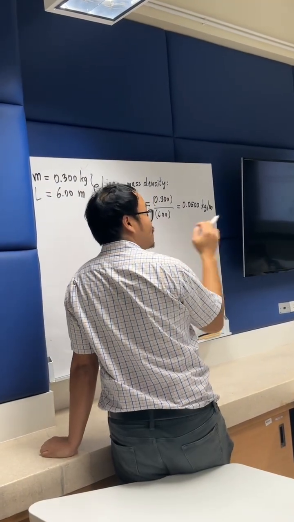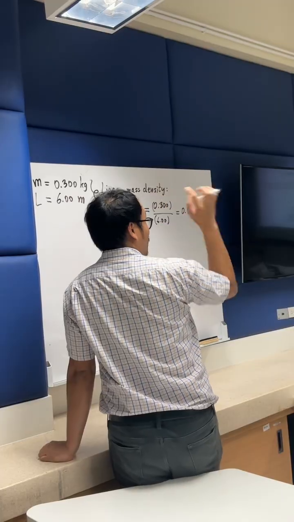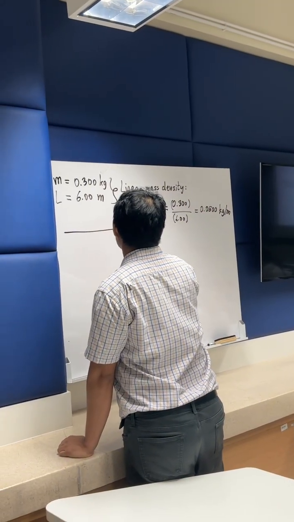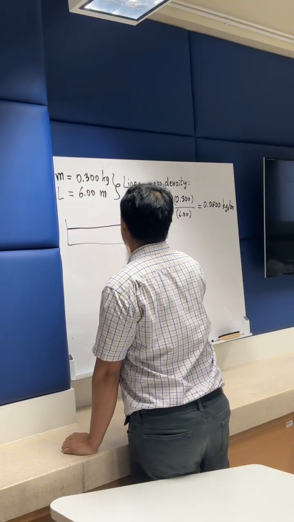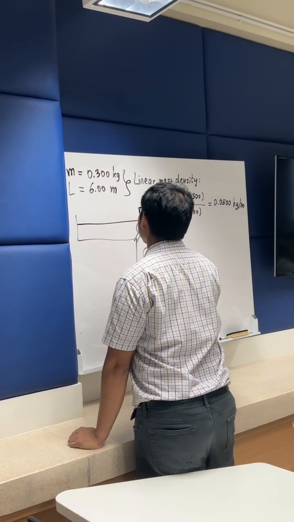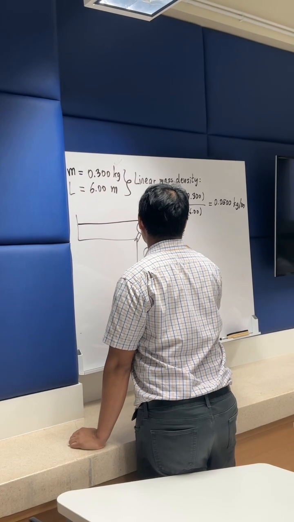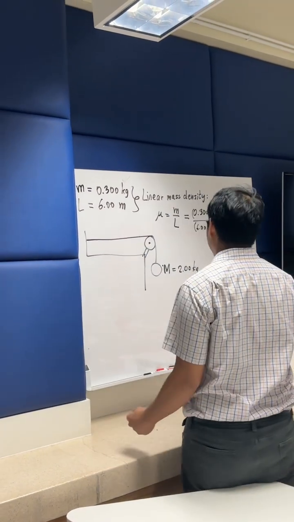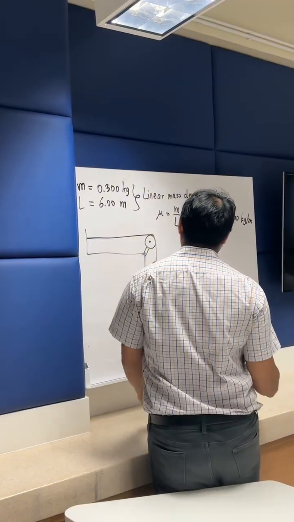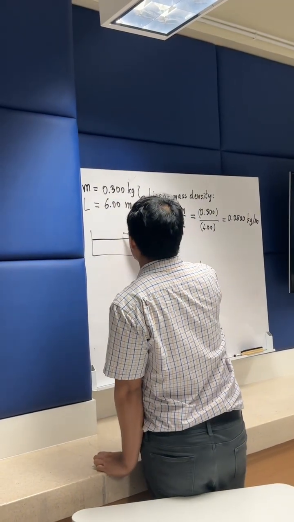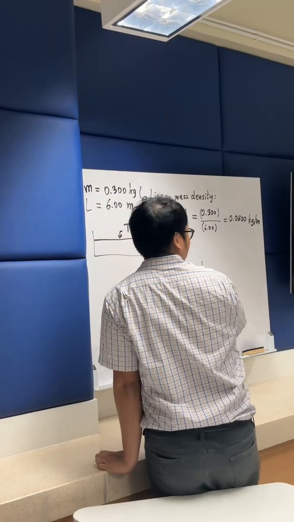And then we know that the system looks something like this, right? Capital M, 2 kilograms. Now, we know that in this setting, we want to find the tension within the string, right?